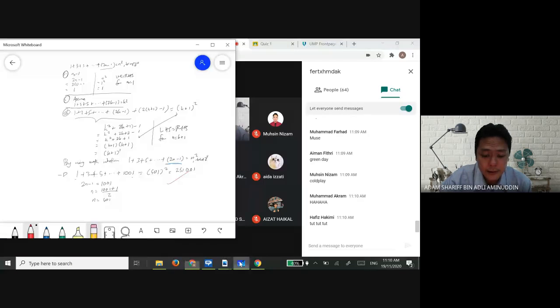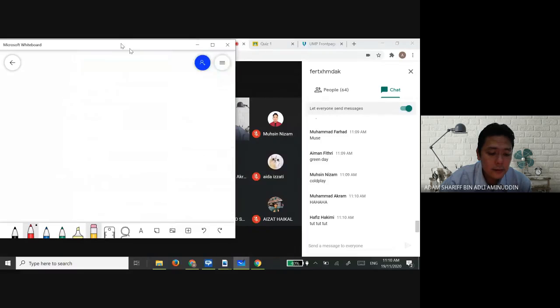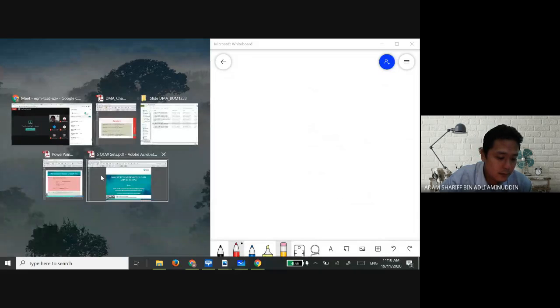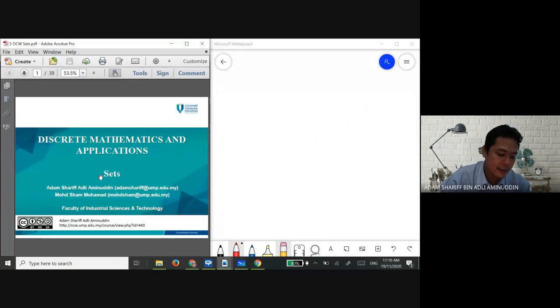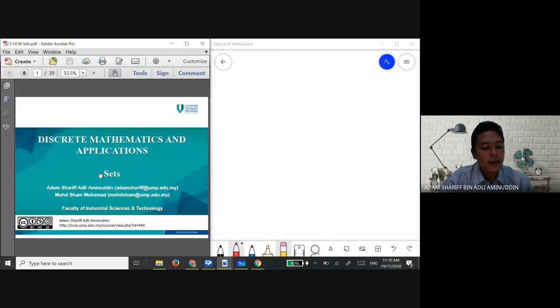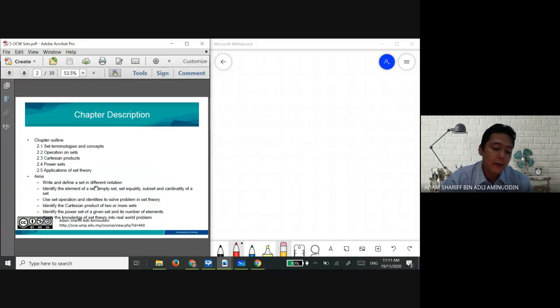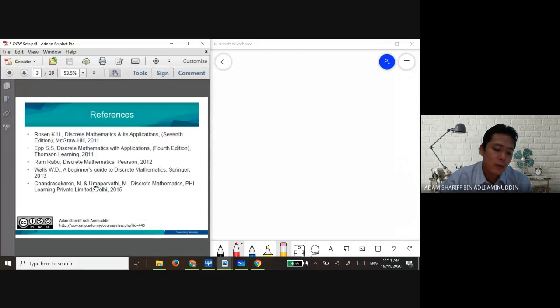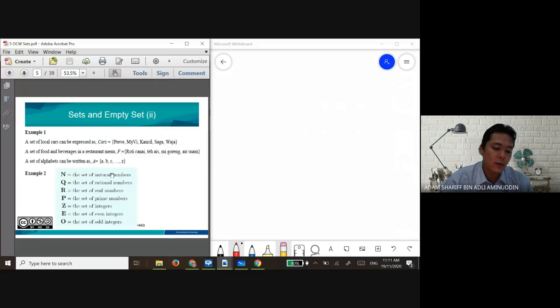Okay, saya buka sekarang. Right, ini slide OCW saya. Okay, kita untuk modul 2 ni dia ada set, function and relation. Relation tu langsung korang tak tahu, yang tu saya kena ajar slow-slow.